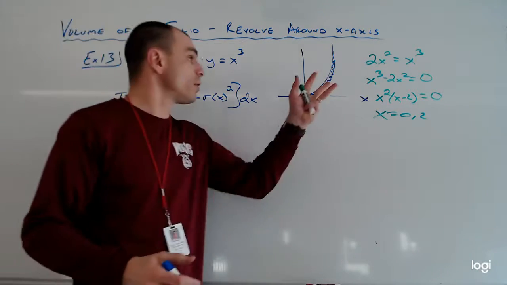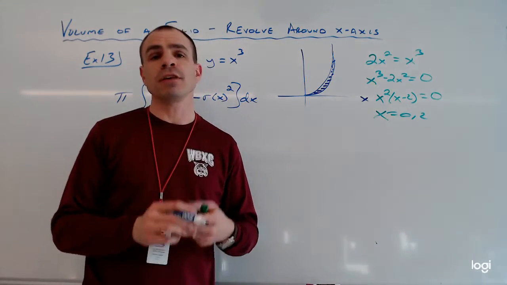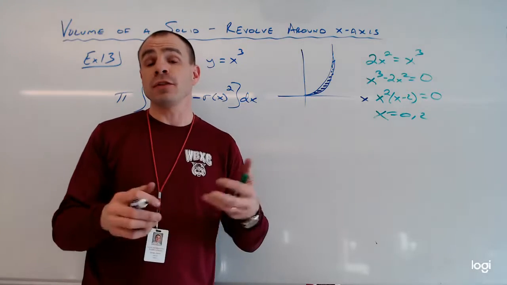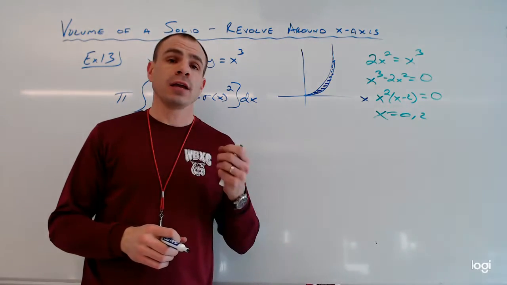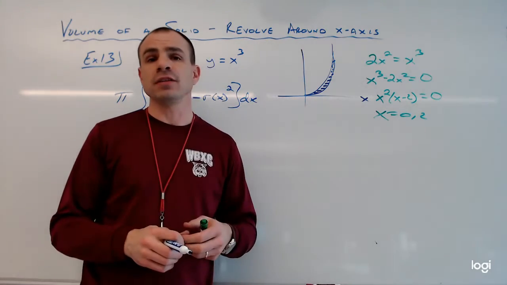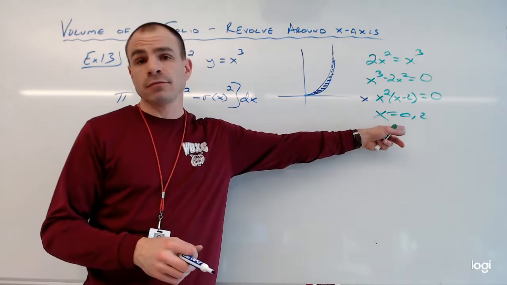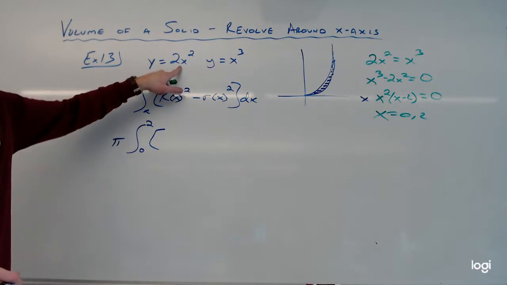Well, if we don't have the graphing calculator available to us, we know from the previous experience that we can find which function of the two is the greater function, the longer radius, by plugging in a value into both functions, and that value of x needs to be between our two bounds. So let's take 1. If we plug 1 in for x here, we get 2.